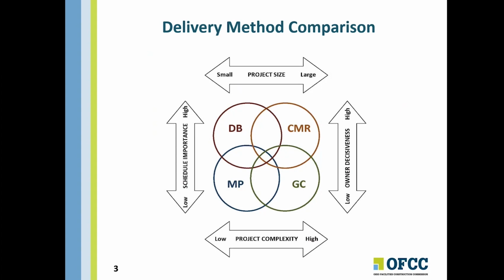We will review the characteristics, advantages, and disadvantages to help explain why CM at Risk is shown here in the diagram. The overlapping of these circles illustrates that there isn't a one-size-fits-all type of solution when choosing the best delivery method for a project. Multiple methods can work, so public owners have the flexibility to choose which method fits best with their needs.